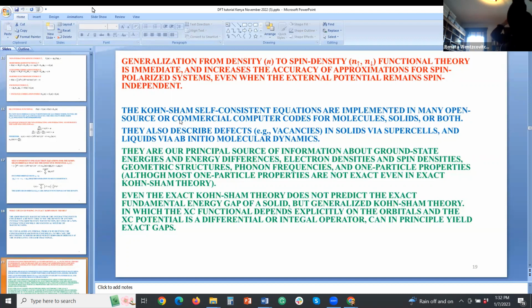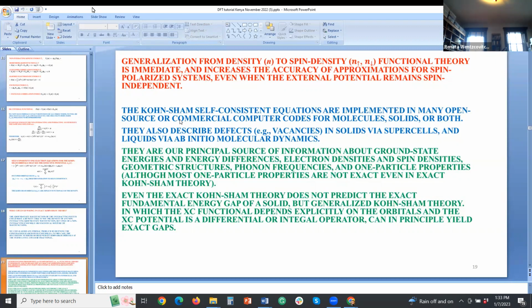You could also use Kohn-Sham theory to study liquids, like liquid water via ab initio molecular dynamics. The derivative of the Kohn-Sham energy with respect to the nuclear coordinates provides a first principles force on which you can do molecular dynamics to move the nuclei around under the influence of Newton's second law.